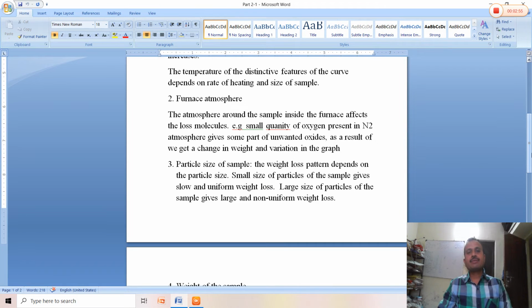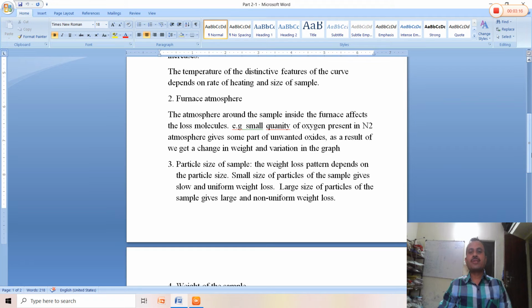Now the second factor is the furnace atmosphere. The furnace atmosphere is very important, because a nitrogen environment is used in the furnace. If some oxygen is present in the nitrogen environment, it mixes with the sample to give oxides.